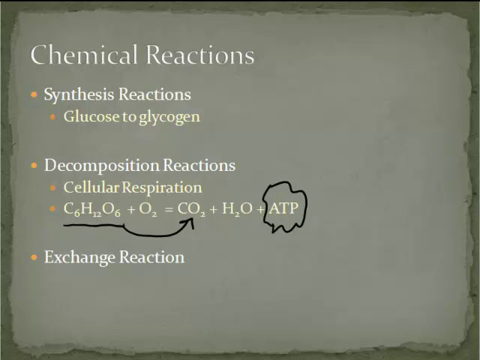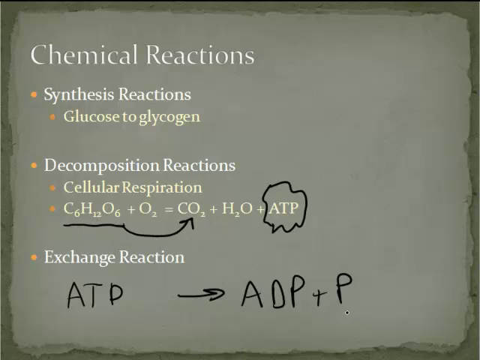Finally, there's the exchange reaction. For the exchange reaction, we can bring down ATP here, because it's a very important exchange reaction molecule. ATP can be broken down to ADP and phosphorus, and we'll see how that works later when we talk about energy, digestion, things like that this semester. When ATP is broken down to ADP and phosphorus, this phosphorus group can be attached to another molecule, whatever it may be.